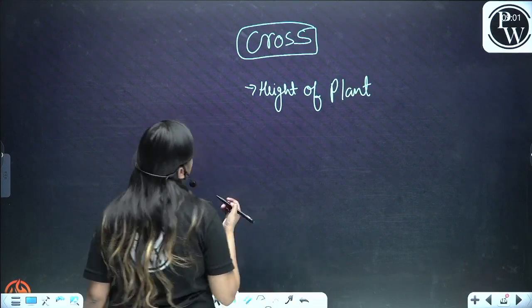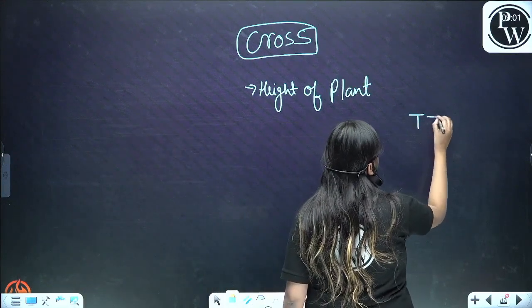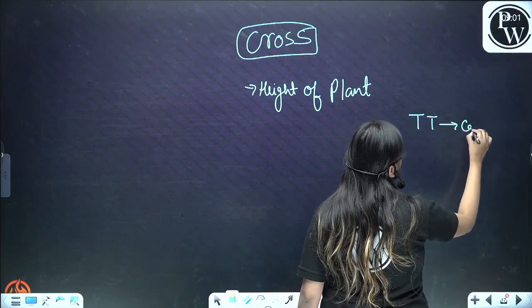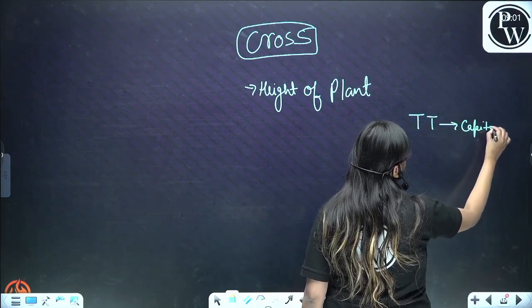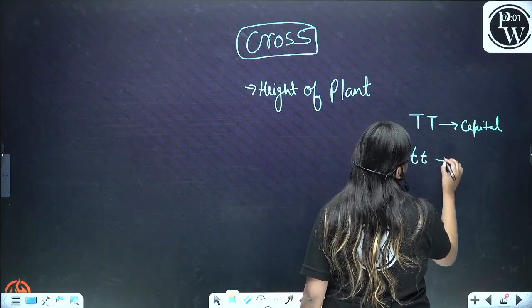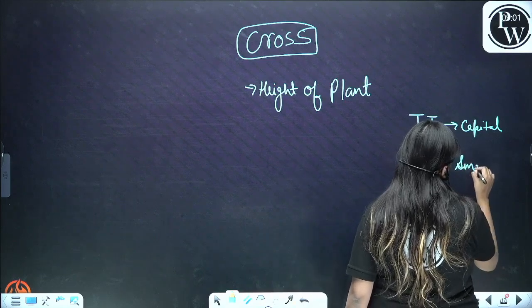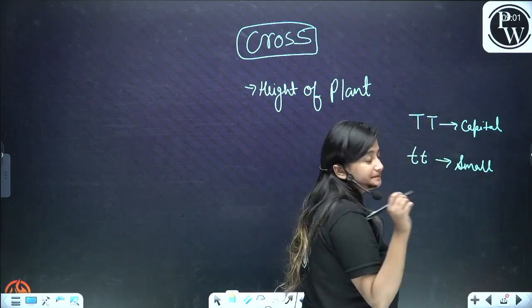Now, height of the plant always dominant but denoted by capital letter, and recessive one always be represented as small letter. This is a rule, okay?